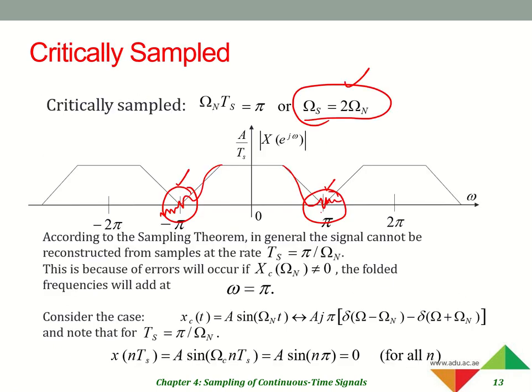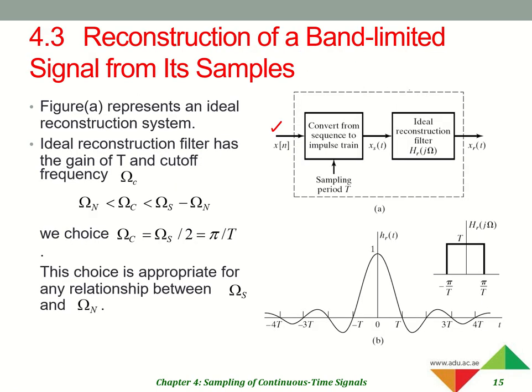For the reconstruction, first we get a discrete time signal, then we convert from the sequence to the impulse train. We apply the sampling on that, we get a sampled signal, and then we apply the reconstruction filter.